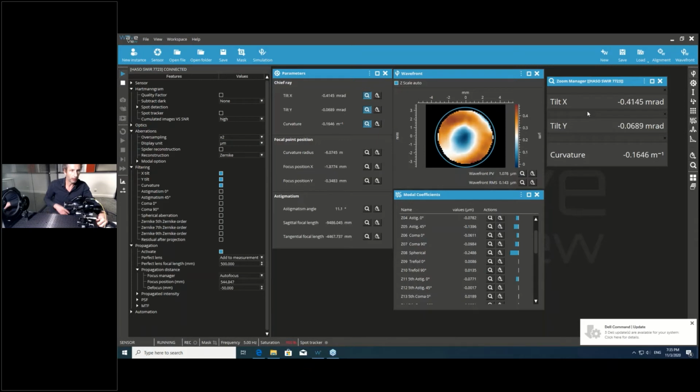That means that we are exactly in a double pass configuration with a collimated beam at the outside of the lens, and that means that we are measuring in the focal plane to infinity configuration.